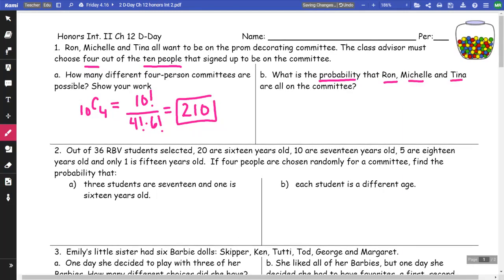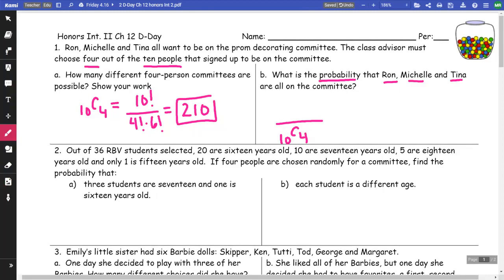What is the probability that Ron, Michelle, and Tina are all on the committee? For this one, the denominator is going to be the 10 choose 4 that we just worked out, because that's all the ways to get committees of 4. When we're trying to get Ron, Michelle, and Tina all together, that means we're going to have one other person picked.